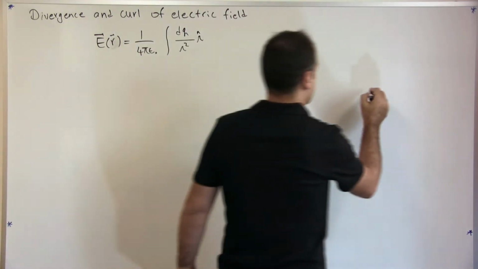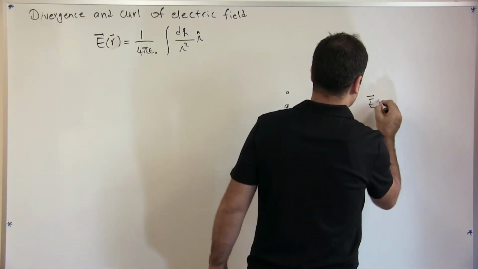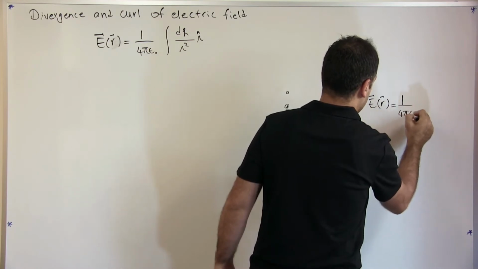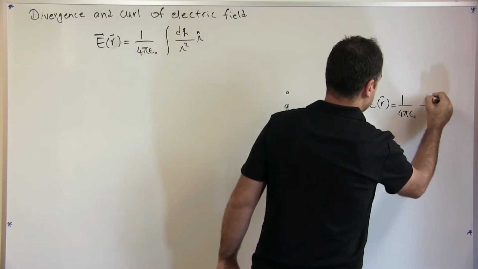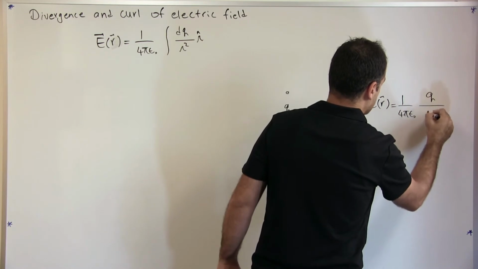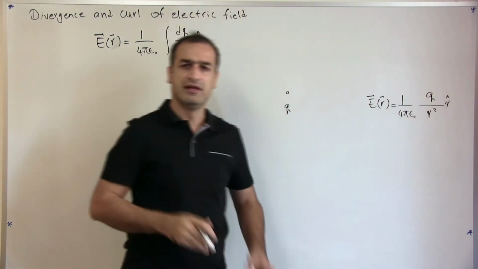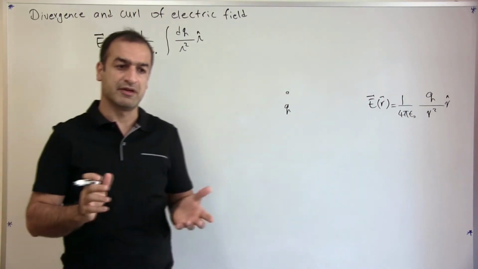We said the electric field due to a point charge is E_r = 1 over 4 pi epsilon 0 times Q, the charge, over r squared, the distance, times r hat, which is the direction of the radial unit vector in spherical coordinates.